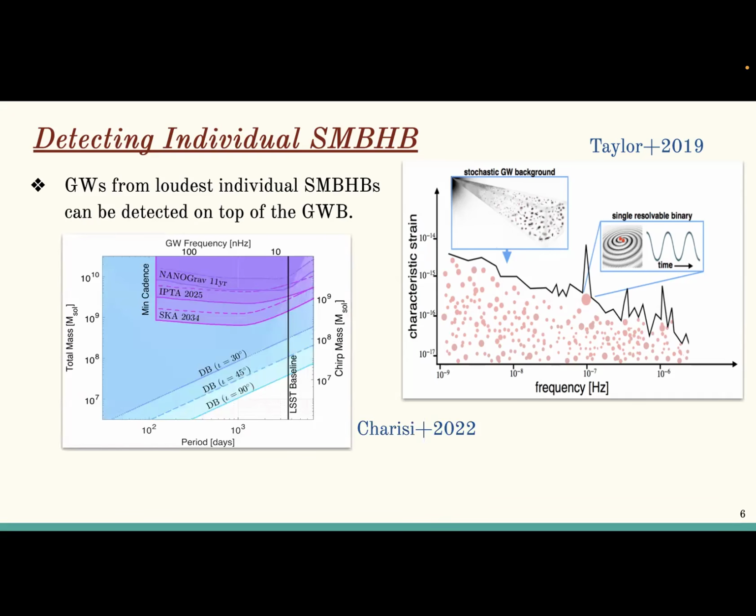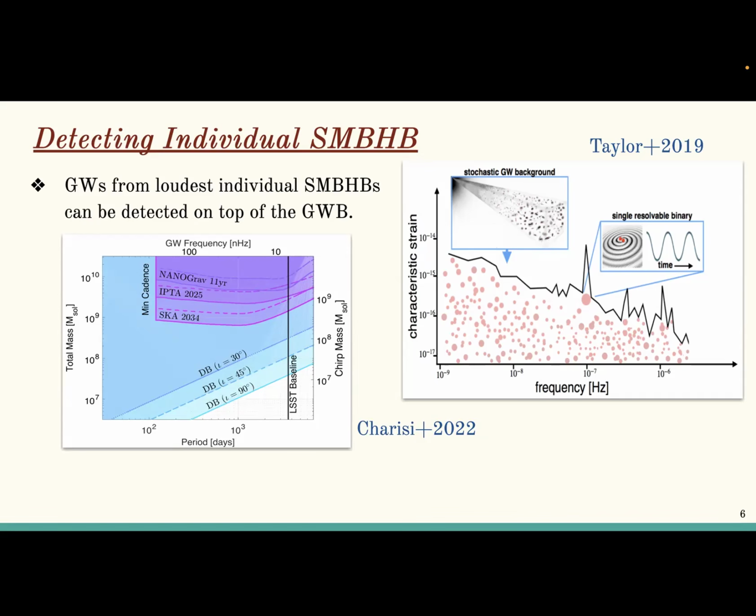In this figure, what you can see is the parameter space of supermassive black hole binaries that can be detected through LSST or the pulsar timing array. The x-axis is the period, the y-axis is the total mass, and this light blue region is the supermassive black hole binaries that we will be able to detect with LSST, and this deep purple region is what we will be able to detect with pulsar timing arrays at different times.